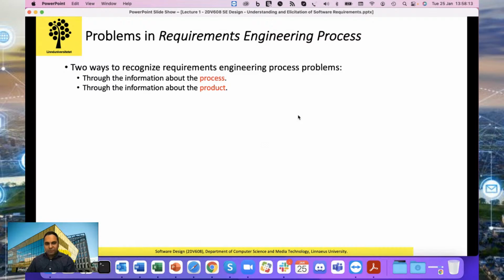So what if there is a problem in your requirements engineering process? Of course, you need to identify those problems, but there are two ways basically to identify them.